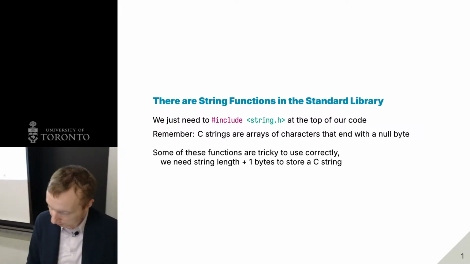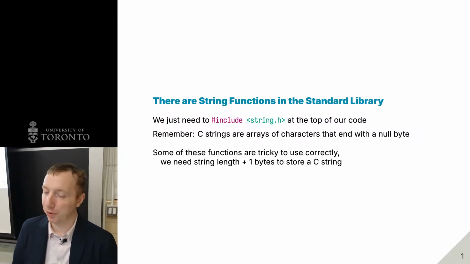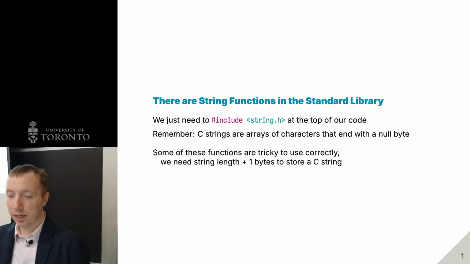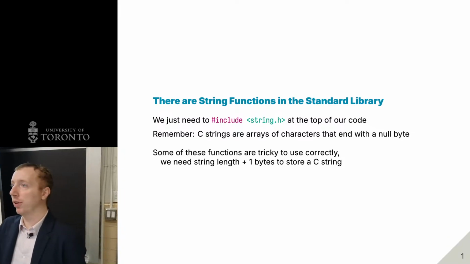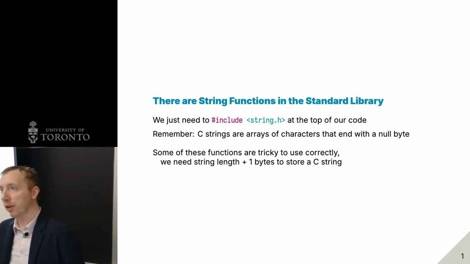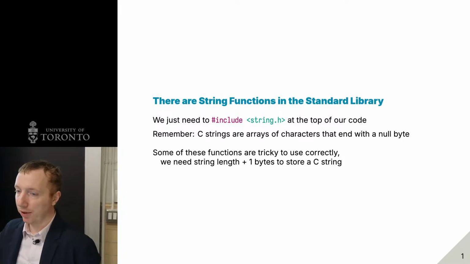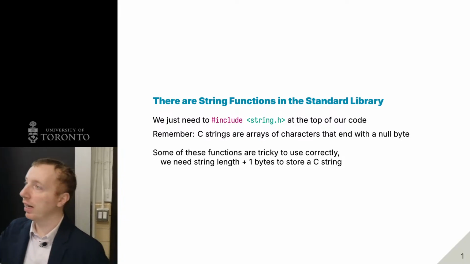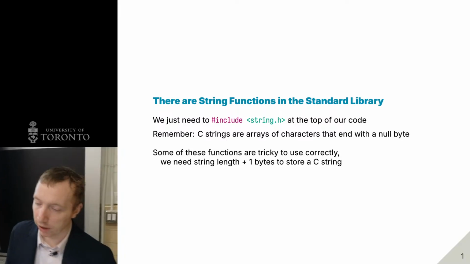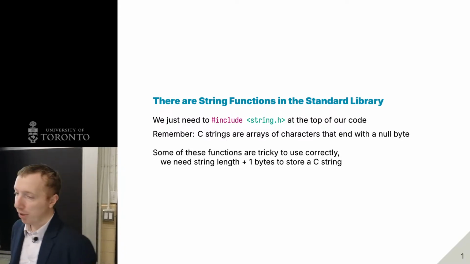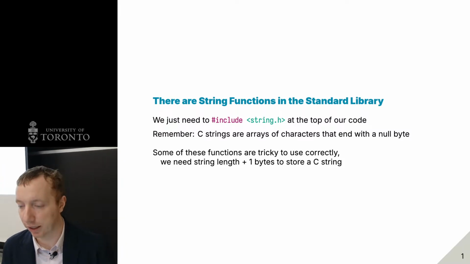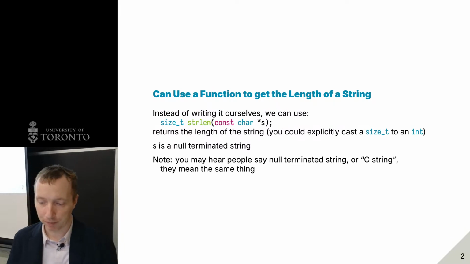So, some of these functions are tricky to use correctly because, in general, to hold a string, you need enough memory to hold the string length plus one number of bytes. So each character is a byte, assuming we're just talking about ASCII, and then you need that extra byte at the end for the null terminated character. So, that plus one tends to be pesky, and remembering to put a null byte at the end also is a pesky thing.